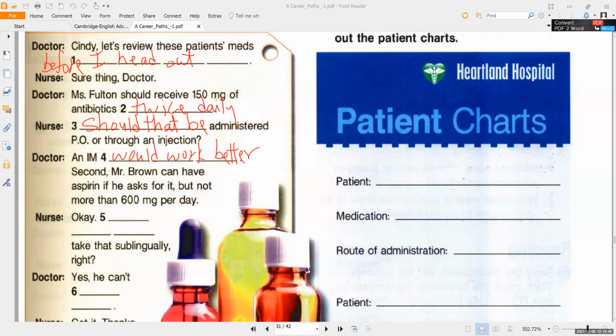Number 5. Okay, he'll want to take that sublingually, right? Yes. So talking about the future, he will want to. So this is the future. He will. It means he will want to take that sublingually, right?